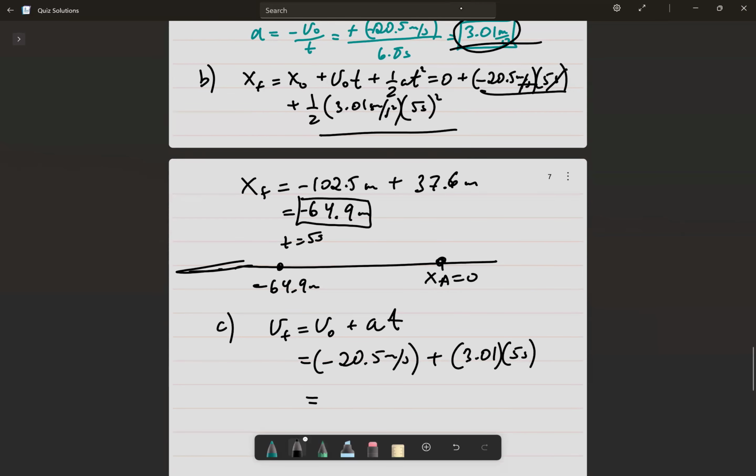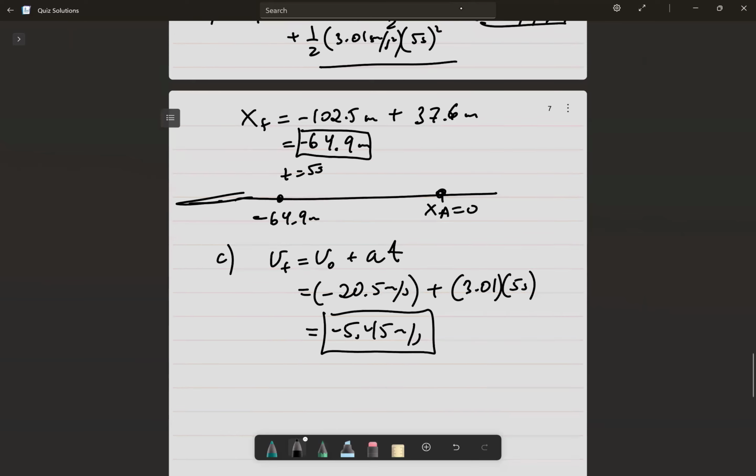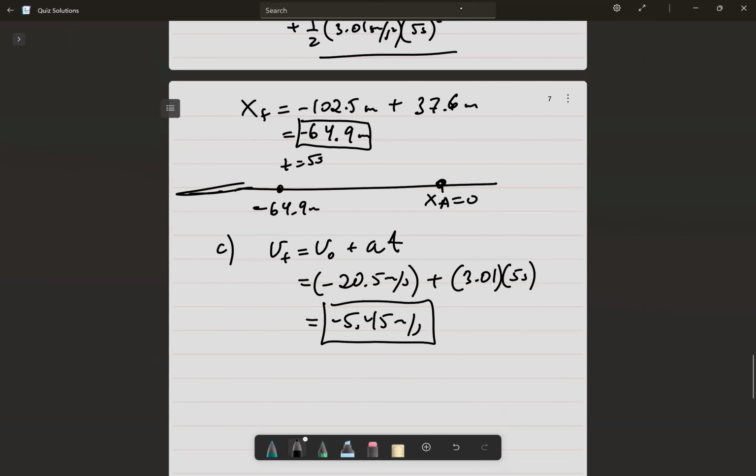Now we can calculate this, and you can see that it's negative 5.45 meters per second. That means it decreased by a factor of nearly 4: from 20.5 meters per second to the left to 5.45 meters per second to the left. And it is still moving at that point, at 5 seconds. But obviously, just a few seconds later it will come down and stop.